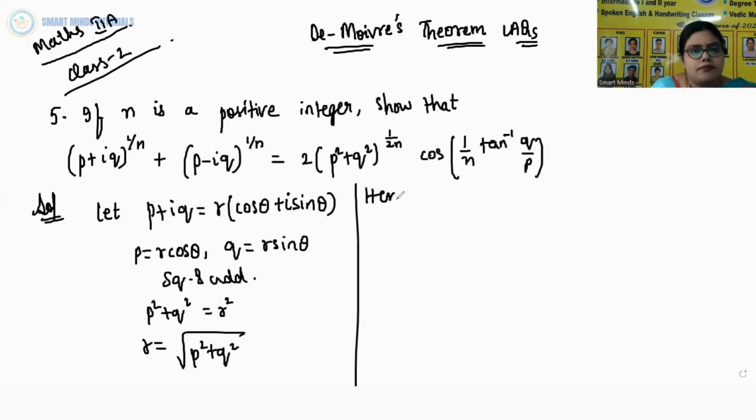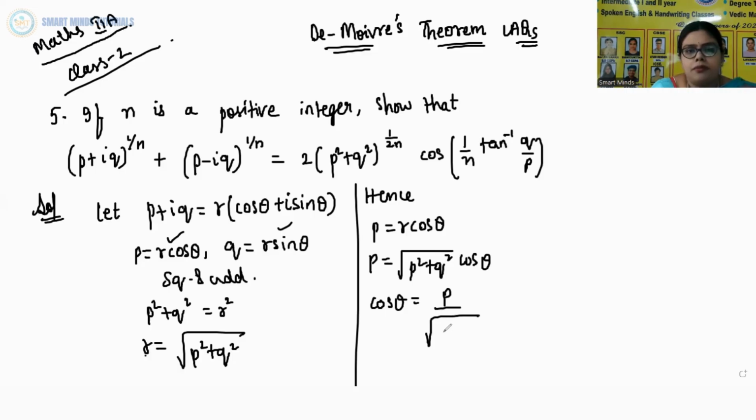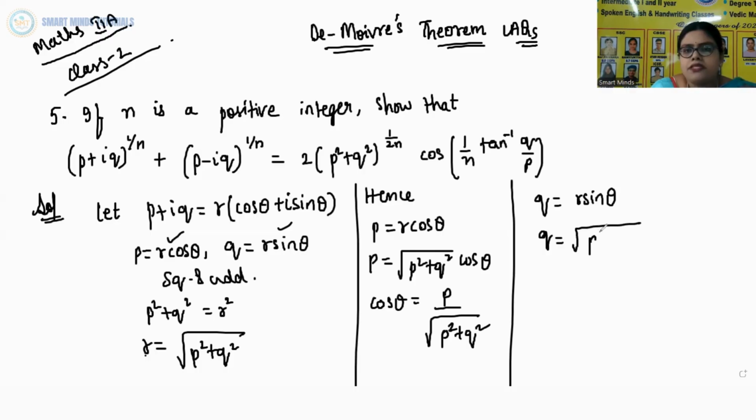Now if I substitute this r value in p is equal to r cos theta, we get cos theta as p by root over p square plus q square. In the same way, q is equal to r sin theta, and substituting r as root over p square plus q square, we get sin theta is equal to q by root over p square plus q square.